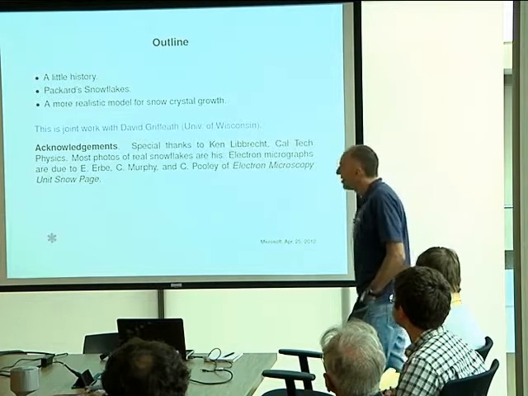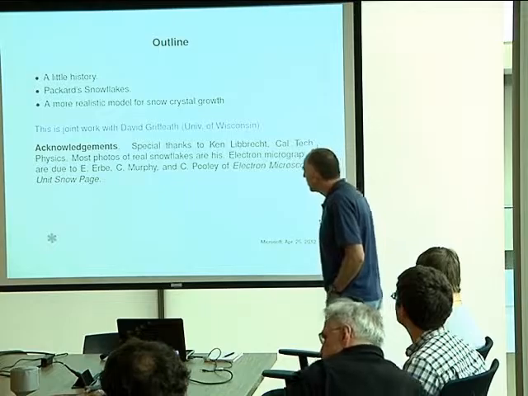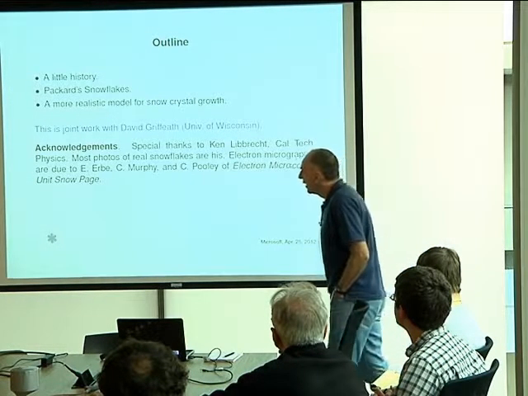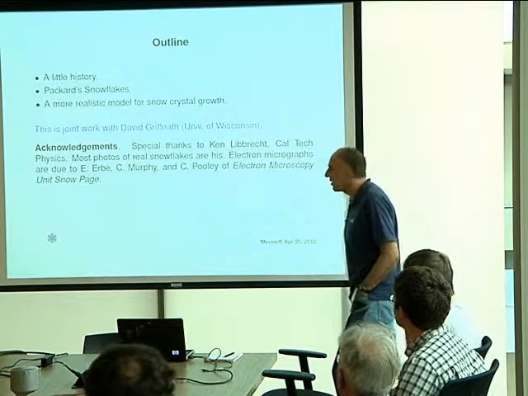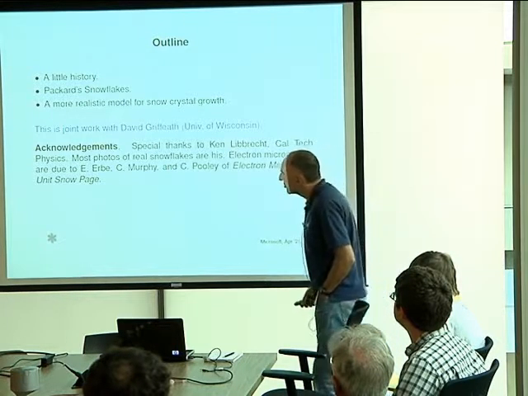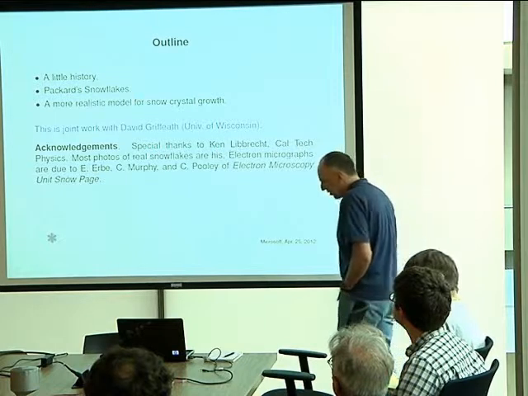Other photographs that we used are done by electron microscopy at a Department of Agriculture laboratory in Maryland. They call it the electron microscopy unit Snowpage. They use a different method to photograph snowflakes.